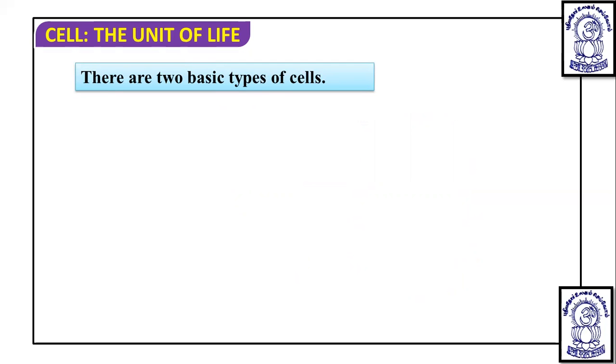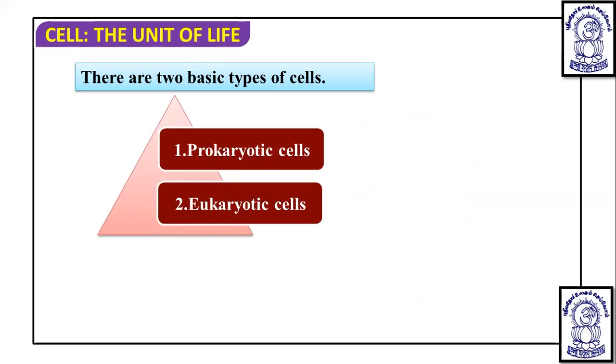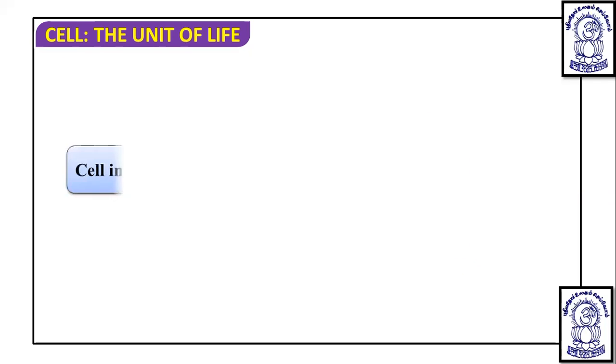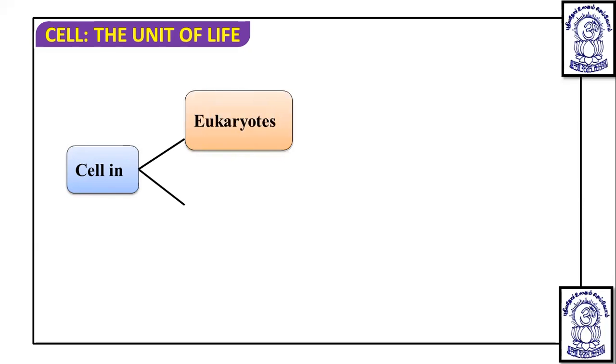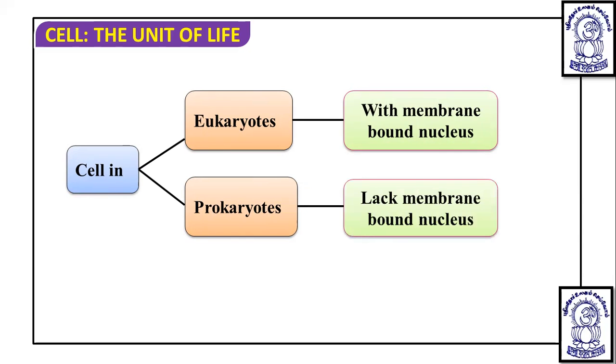When we see the types of cells, there are two basic types: prokaryotic cell and eukaryotic cell. As we have discussed, the true nucleus is found in the eukaryotic cell but not in the prokaryotic cell. These are some images of the prokaryotic and eukaryotic cells. In the eukaryote, a membrane-bound nucleus is present within the cell, but in the prokaryote you will not see a membrane-bound true nucleus.